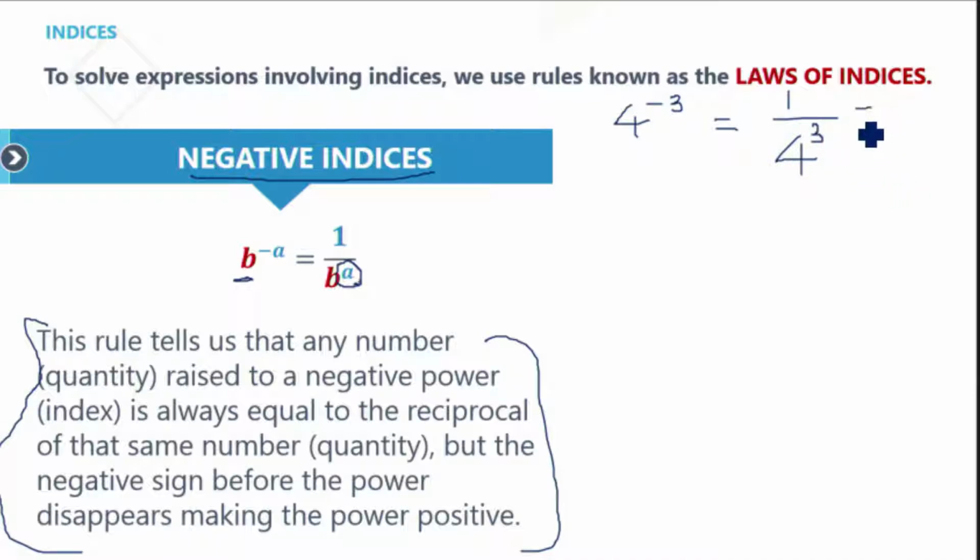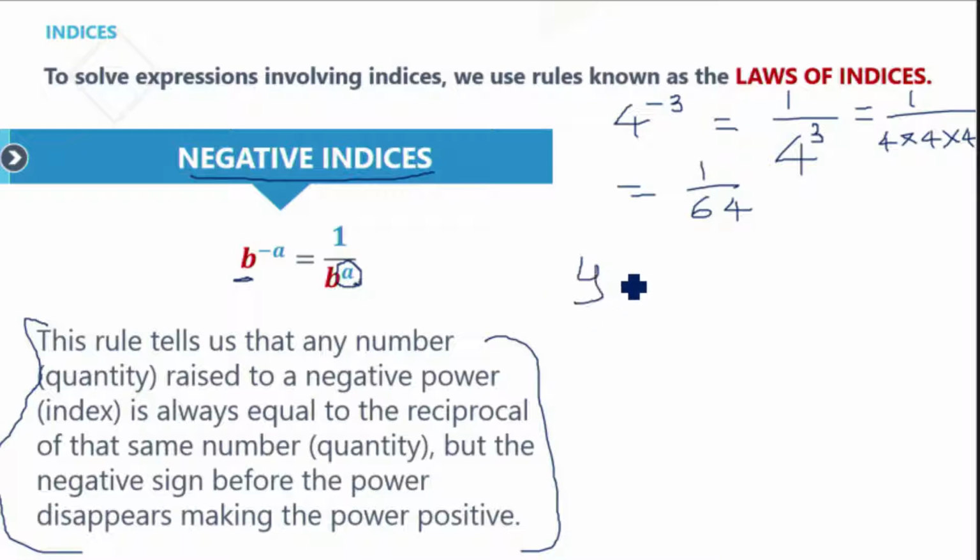And this is equal to 1 over 4 raised to the power 3, which is 4 multiplied repeatedly by itself 3 times, and this is equal to 1 over 4 times 4 times 4, which is 64.